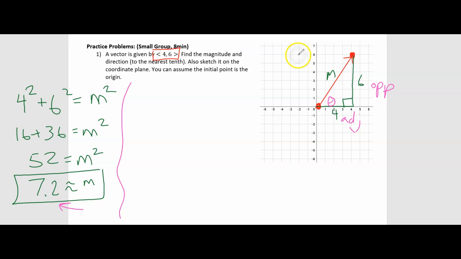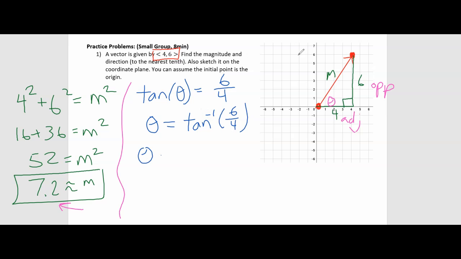So I'm going to use tangent. Tangent of theta is equal to 6 over 4. I'm going to use some inverse trig. So theta is equal to inverse tan of 6/4. We are rounding to the nearest tenth. So inverse tan of 6/4 is approximately 56.3 degrees. Now, that's not our answer because I'm asking you to use compass directions.